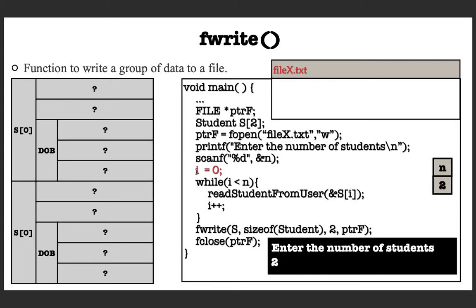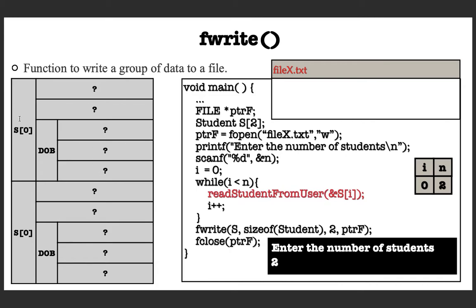Now the next statement: you are going to initialize the variable i to 0. If you execute it, you will get 0 in the variable i, and you come to this loop. Now you check whether the value of i, which is 0, is less than n, which is 2. 0 is less than 2, so this check succeeds and you get into the loop. Here you are reading the details of a student.